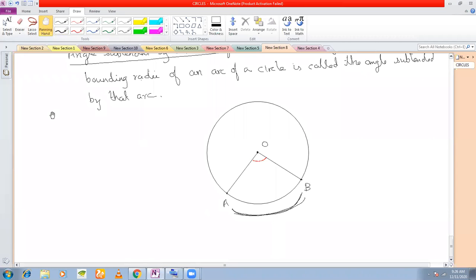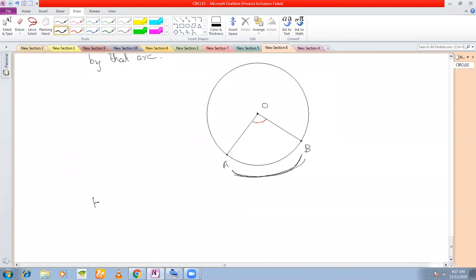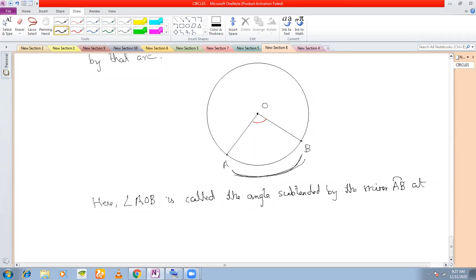So we write here angle AOB is called the angle subtended by the minor arc, because AB is the minor arc, by the minor arc AB at the center of the circle.